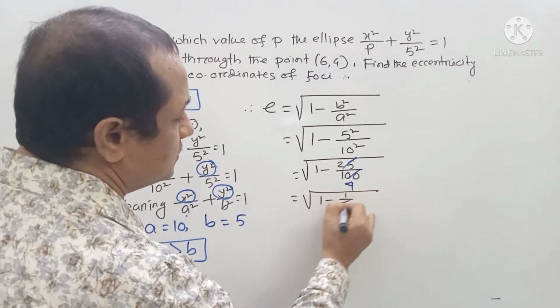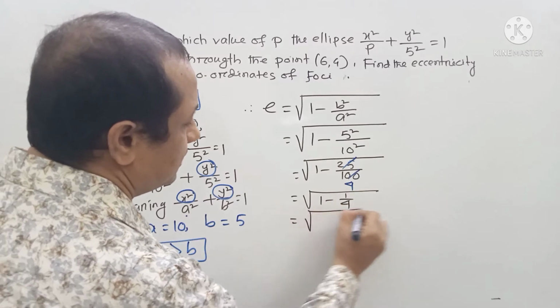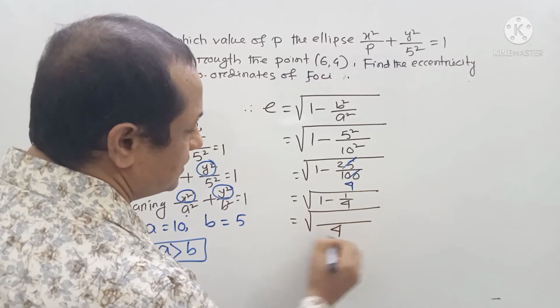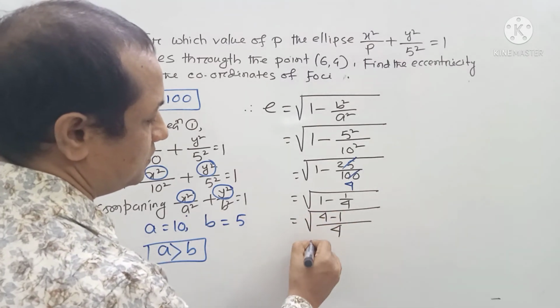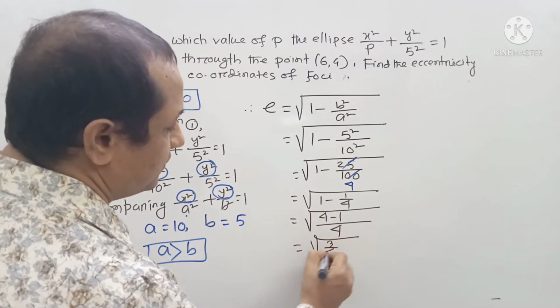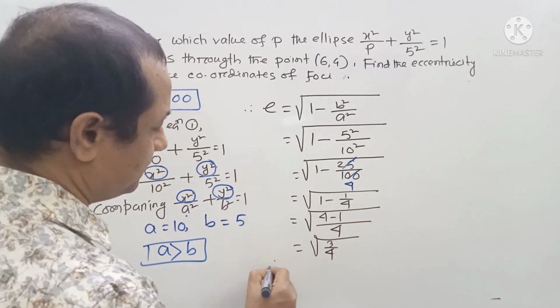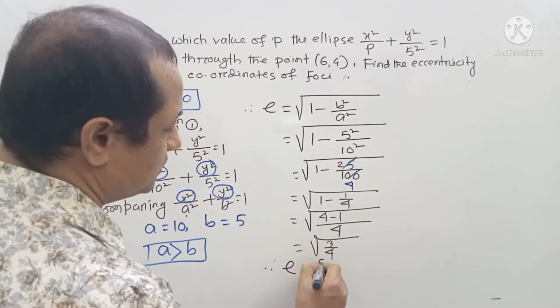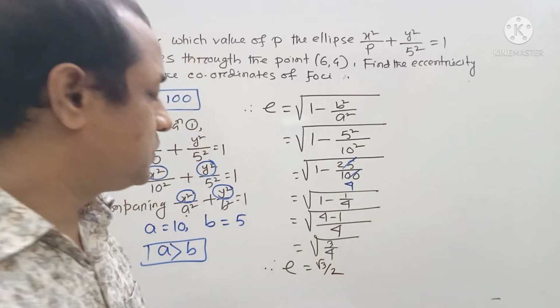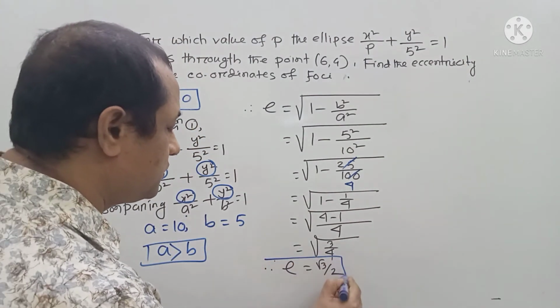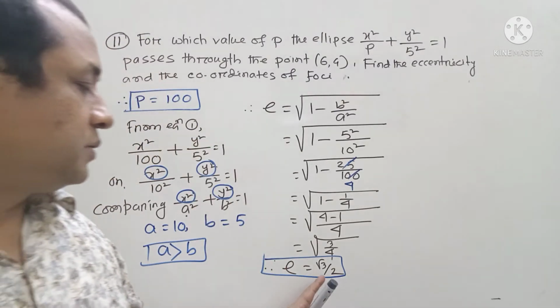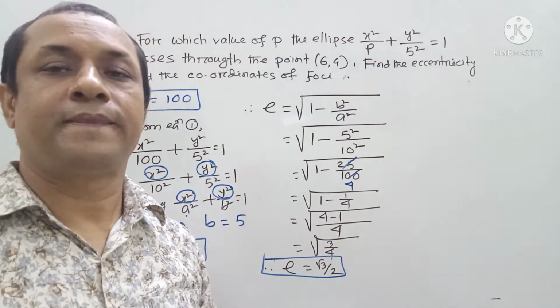Now 1 minus 1 by 4, then LCM, here the LCM is 4. So 4 minus 1, so we have root over 3 by 4. So the value of E equals to root 3 by 2. So the required eccentricity E equals to root 3 by 2.